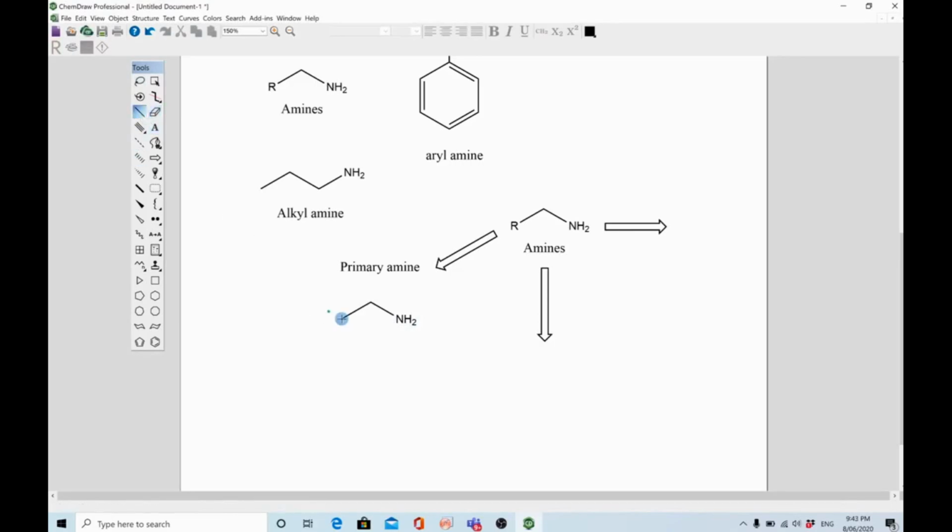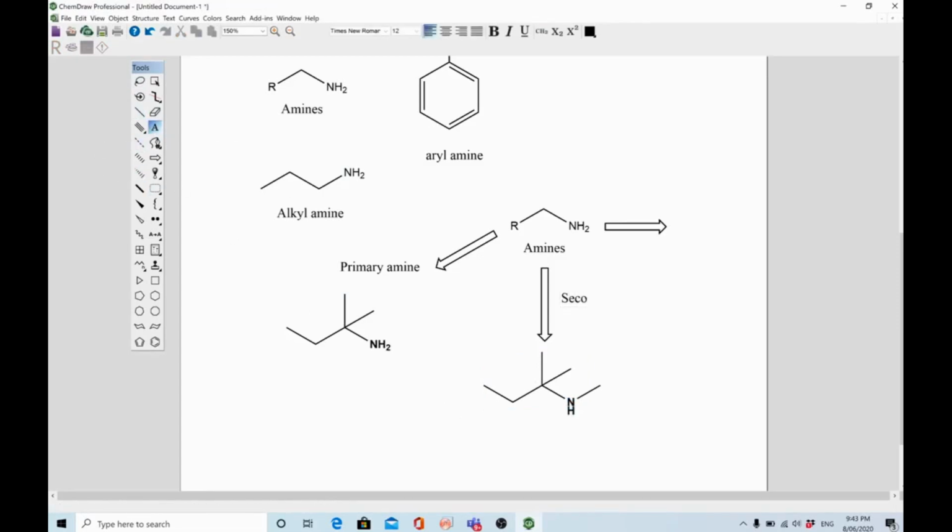It does not matter how many carbons there are. If there are two carbons here, three carbons there, it doesn't make it tertiary. This is not a tertiary amine, even though it's a tertiary carbon, but it's a primary amine. So you don't look for carbon in amine classification, you look for nitrogen. Nitrogen contains two hydrogens, that is primary then. How about secondary? If nitrogen contains one hydrogen, that is secondary amine.